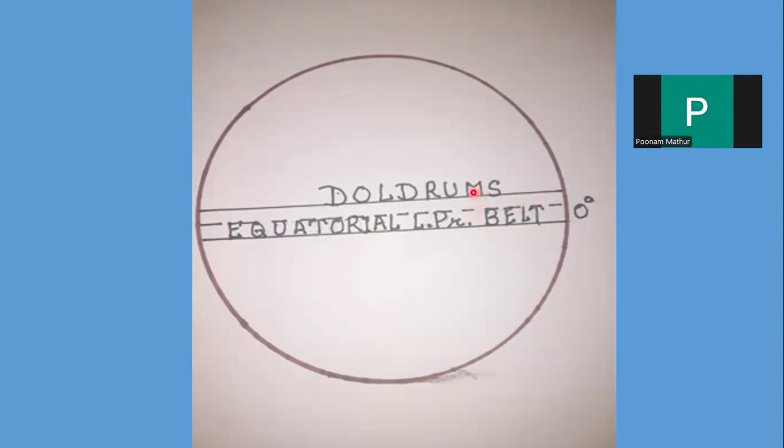So the air close to the Earth's surface, when it touches the hot surface, becomes warm. Warm air being light, it rises up, causing a low pressure area in this belt.